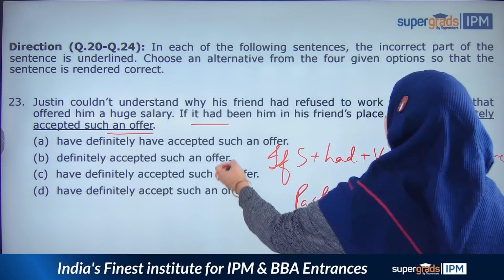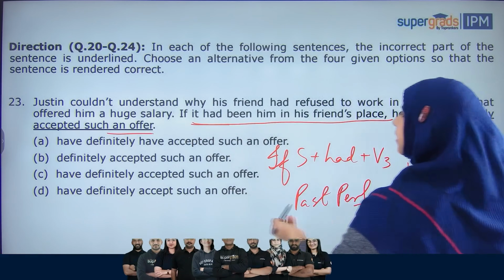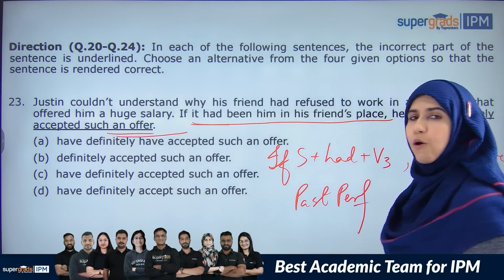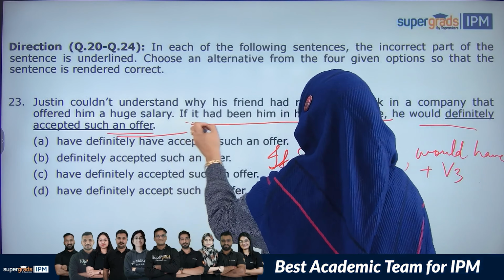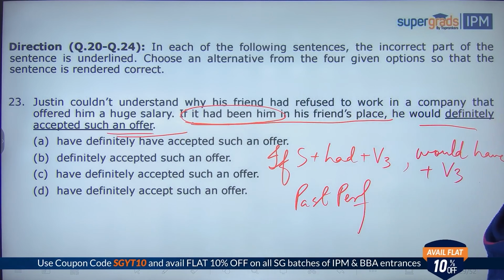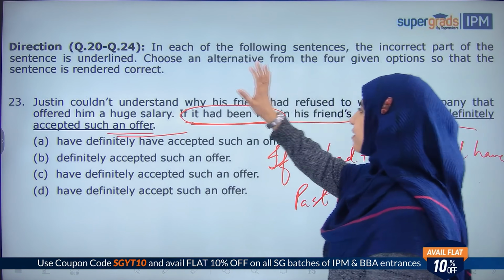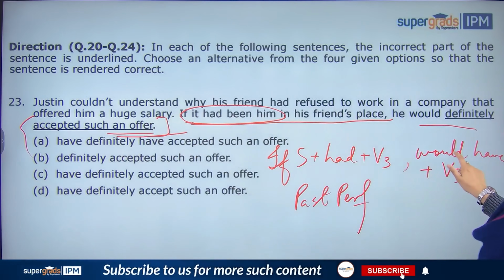Now here it says कि अगर उसकी जगह मैं होती तो मैंने definitely ये offer accept कर लिया होता. So you've identified, yes, this is certainly the third conditional. You can clearly see the past perfect here, right? And so the next structure, the one of the main clause, should be of this format.